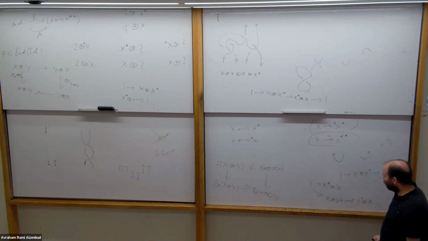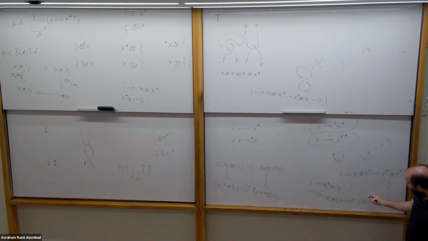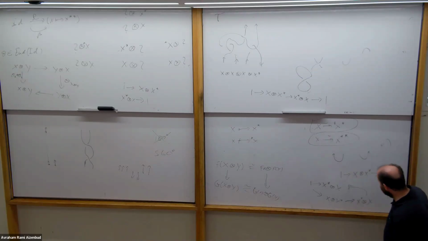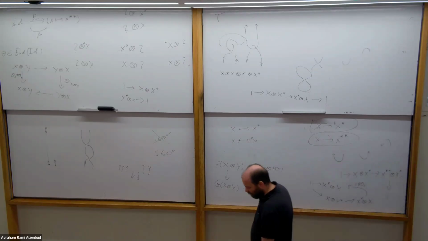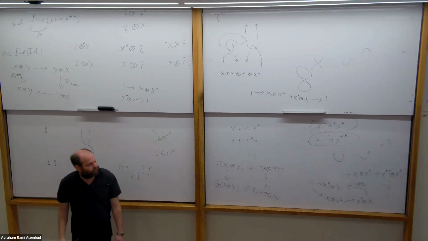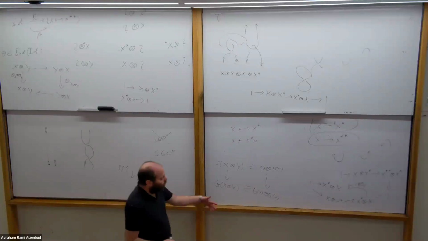Before, we said this is what we do, but this is not a good idea. And now we should apply the twist to one of them. I think it's the second one. You just need to choose some convention. So I think identity tensor the twist.